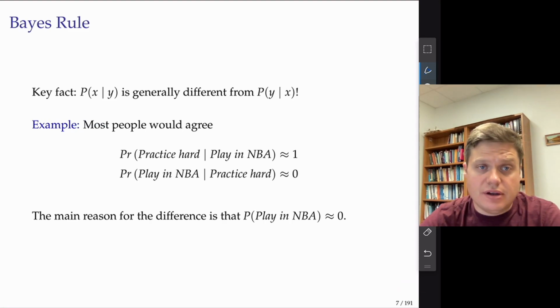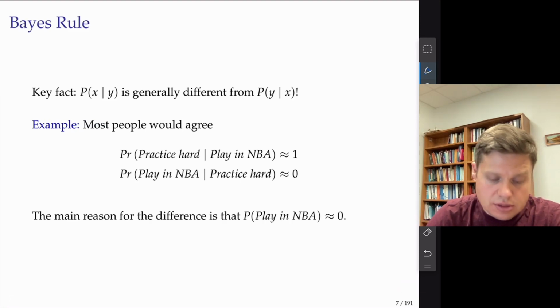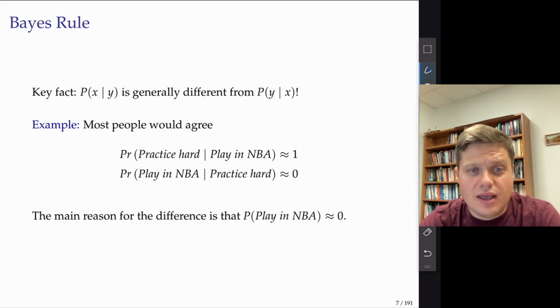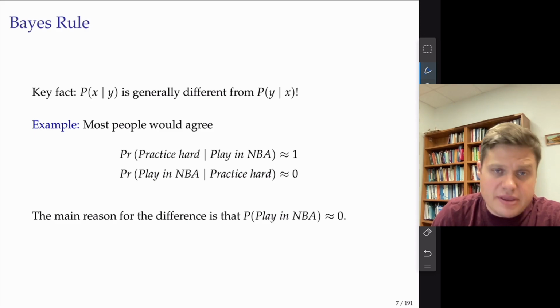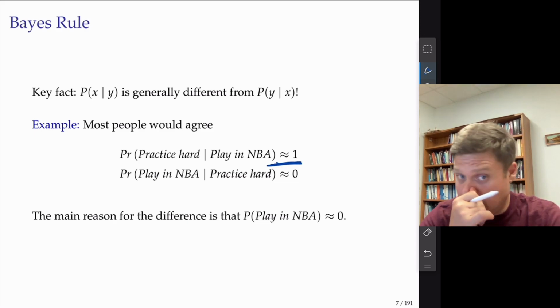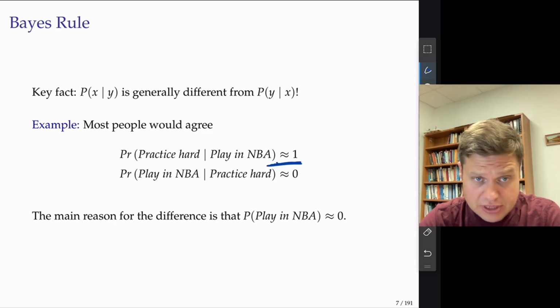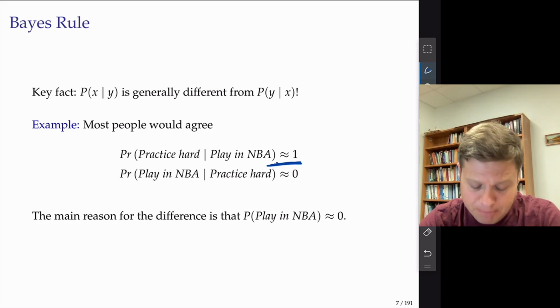One of the fallacies is to confuse p of x given y and p of y given x. They're generally different things. Here's an example which I hope you will remember. Given that I'm an NBA player, the probability that I practice hard is roughly close to 1. You can hardly imagine an NBA player who is a slacker and doesn't practice hard.